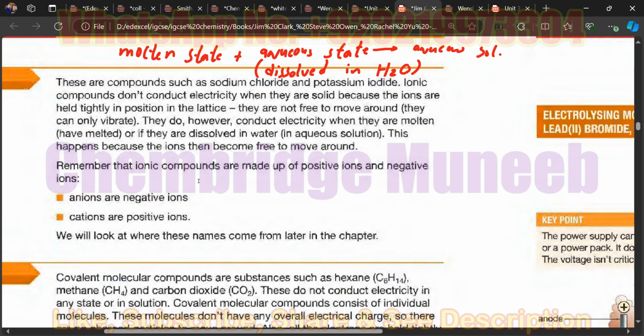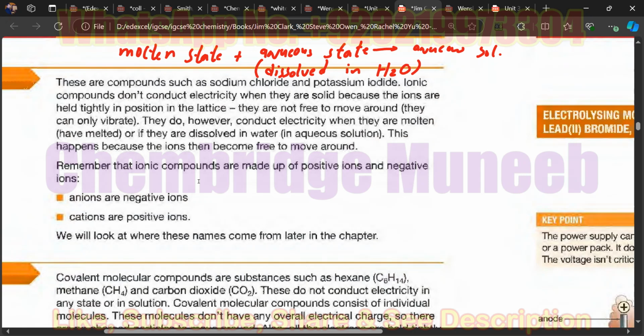And basically, what were the charges present in the ionic compounds which were conducting electricity? Which charges in the ionic compound conduct the electricity when they are molten or in aqueous state? The negative charges.